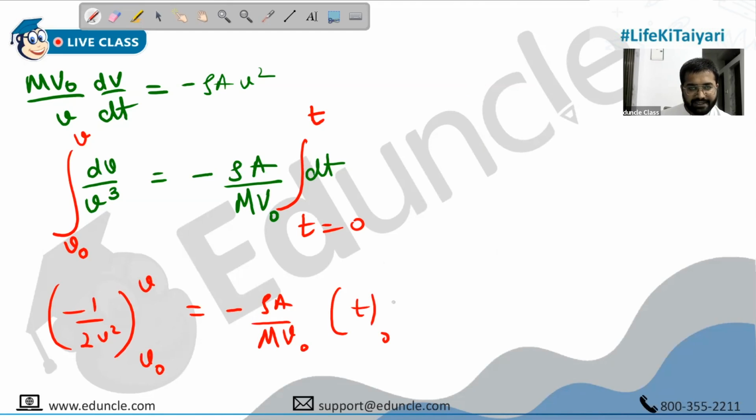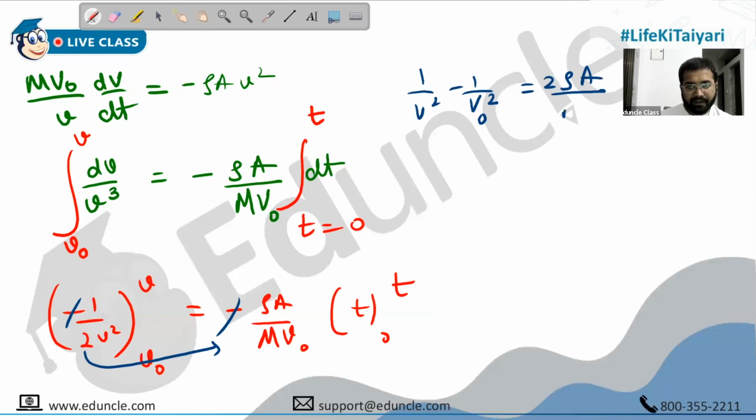Integration of dt, that's t from 0 to t. First of all, let's cancel minus minus. And you can throw 2 on that side. Upper limit minus lower limit, so that's 1 upon v square minus 1 upon v naught square. This is 2 rho a upon m v naught. T minus 0, that's t. Okay, so I think we are very close to the answer.